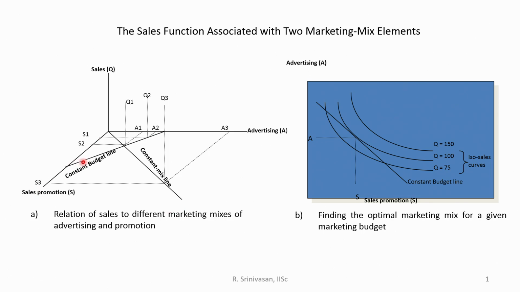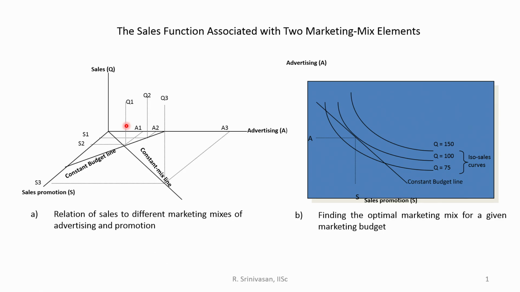So, in this constant budget line, if you see, you have an A1 and an S1, that is, for the level of A1, that is advertising expenditure, you have the corresponding sales promotion expenditure at S1. Similarly, with respect to A2 and S2, similarly with respect to A3 and S3.